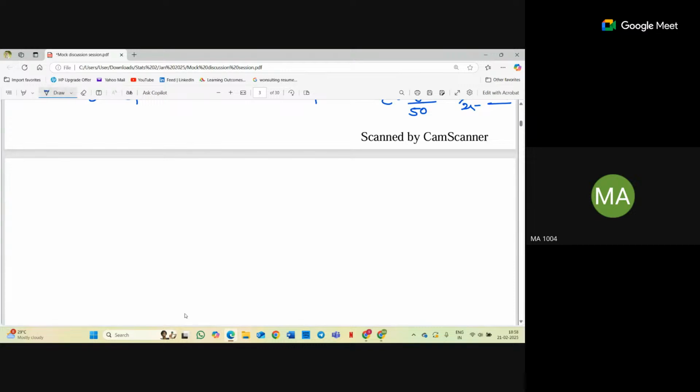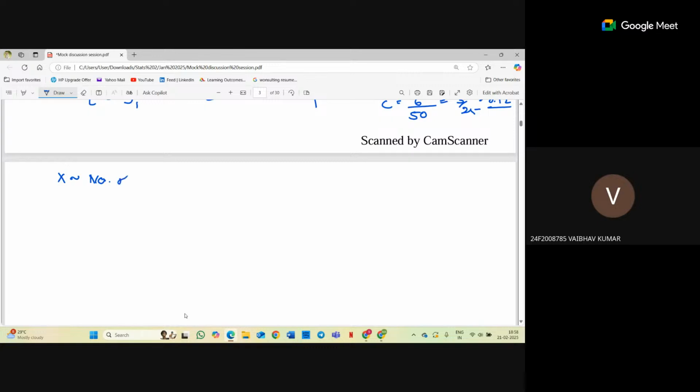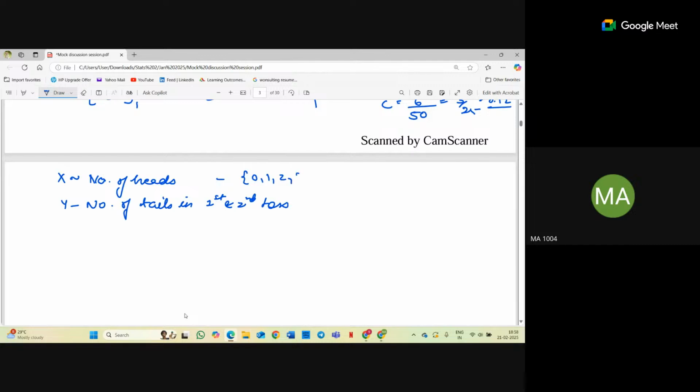So the condition is x is denoting the number of heads, and y is denoting the number of tails in the first and second tosses, correct? Yes, ma'am. So x can take values 0, 1, 2, 3, and y can take values 0, 1, 2.